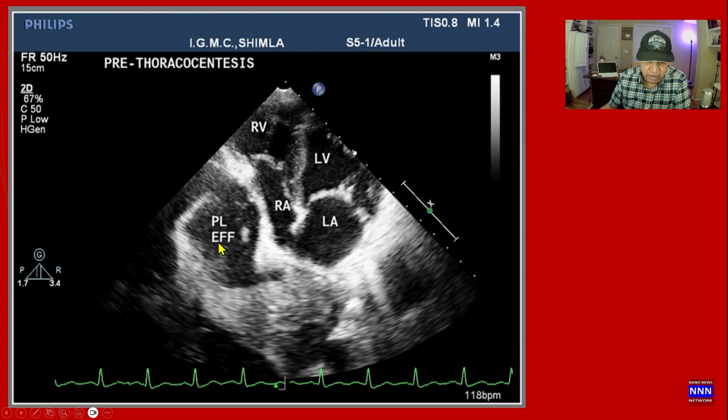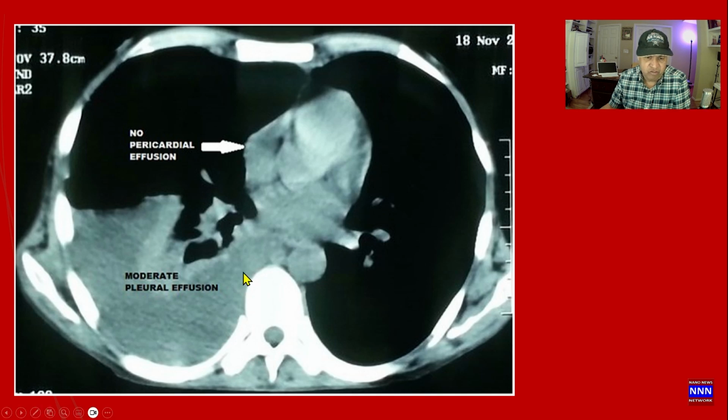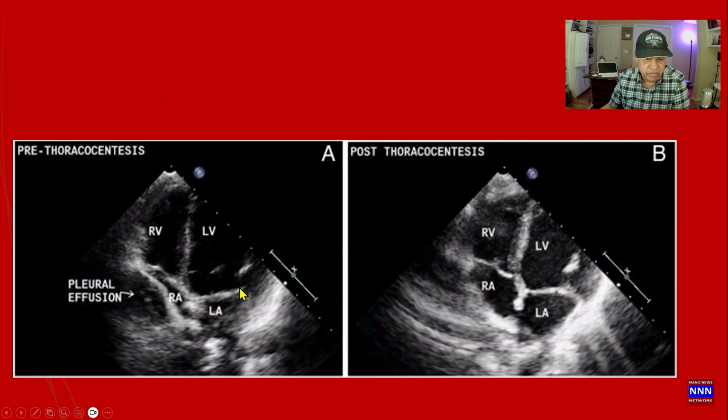So this is an example of a pleural effusion causing collapse of the right atrium during cardiac diastole. And then here is a CT scan of the same patient showing moderate pleural effusion on the right side. And here's an example of the same large pleural effusion.